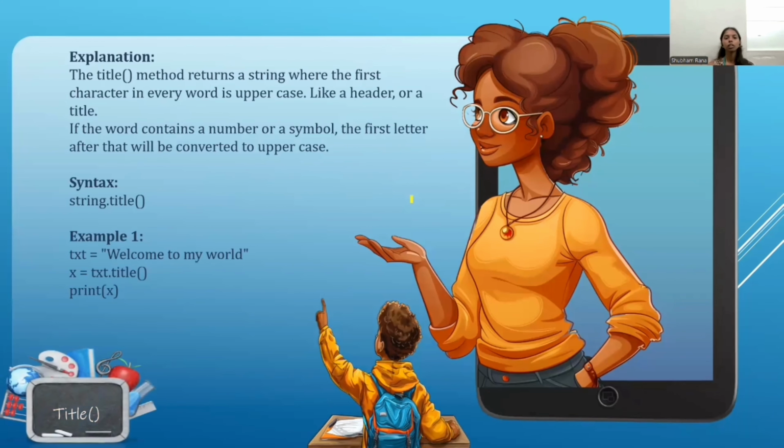Title. Title is a function that is used to change the first letter of each word into uppercase. If a word contains a number or symbol, the first letter of the word will still be converted to uppercase. That means the first letter of each word will be in uppercase. Let's try that.